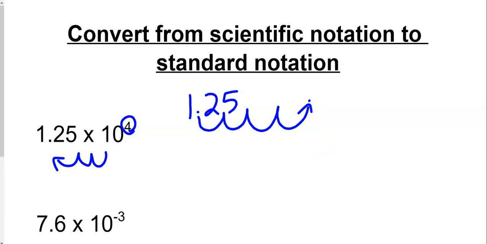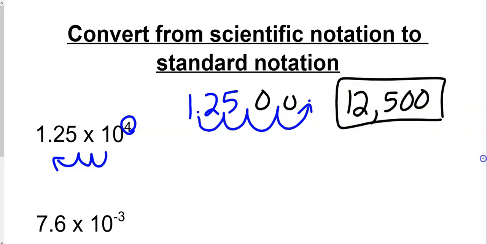What do I do with all these hoops that do not have numbers in them? Well, just remember that represents 0 now. So what is the actual number? 12,500. 1.25 times 10 to the 4th is really the number 12,500.